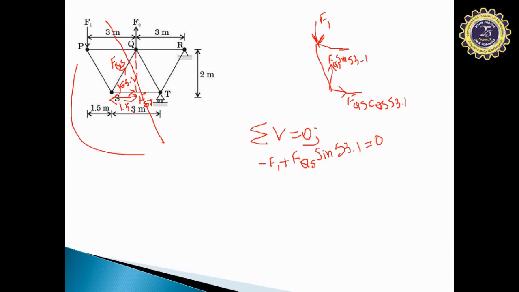As in the left side portion, we don't have any other vertical forces. F1 we already know, that is minus 9 kilonewton, plus FQS sin 53.1 will be equal to 0.